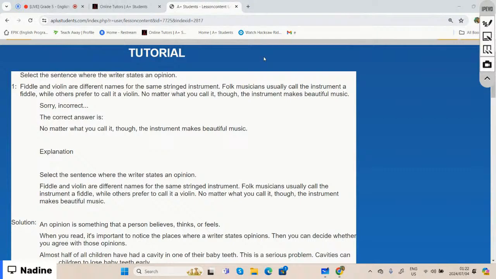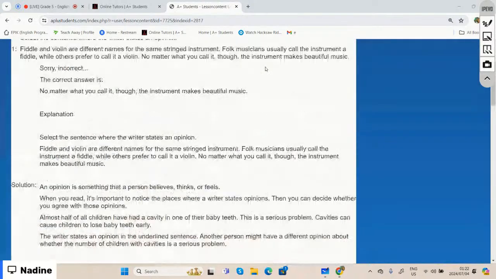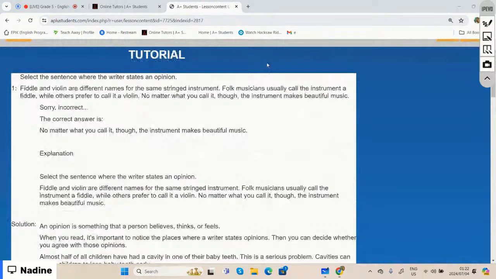All right, so now it says, select the sentence where the writer states an opinion, right? It says, fiddle and violin are different names for the same stringed instrument. Folk musicians usually call the instrument a fiddle, while others prefer to call it a violin.